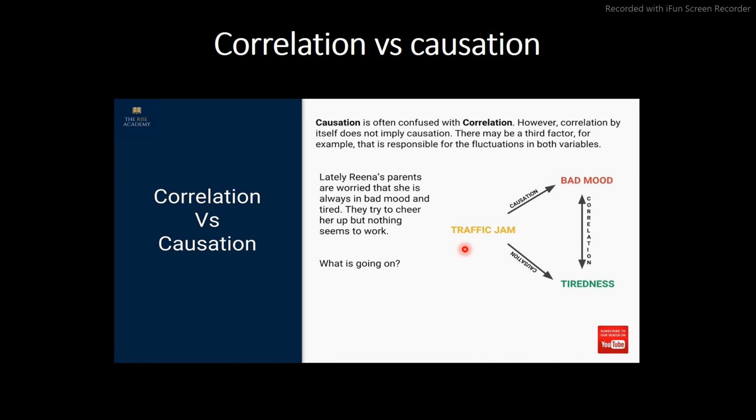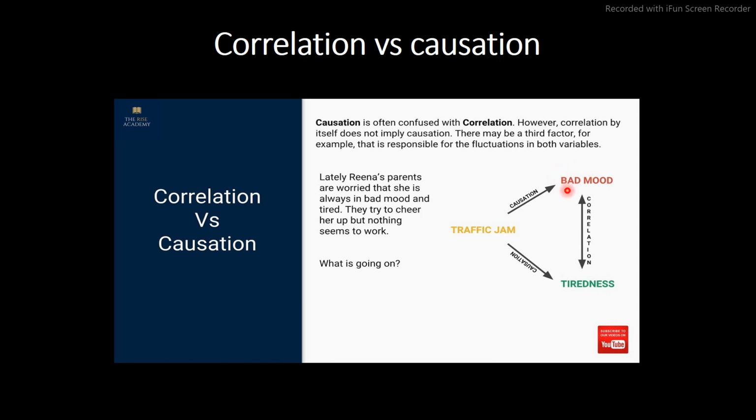Maybe it's due to a long traffic jam, maybe on Delhi Gurgaon road or somewhere in Noida. Due to the traffic jam, you had a bad mood and you are feeling tired. So the cause of tiredness is the traffic jam, not the bad mood.